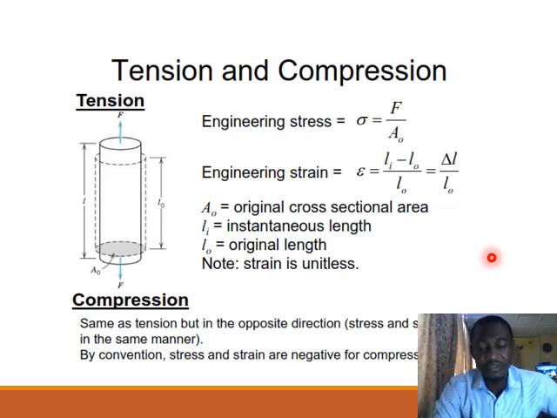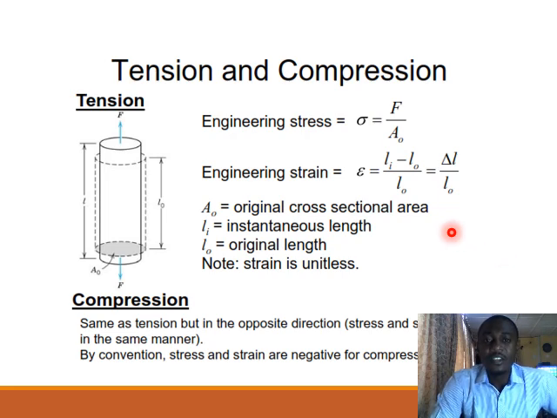But for this class, we are going to focus on simple tension and simple compression, and try to understand the mechanical properties that you can derive from the application of a simple tensile and compressive load on a material, because it will give certain unique deformation. We are going to understand the deformation that results from tension and compression, and the resulting mechanical properties.